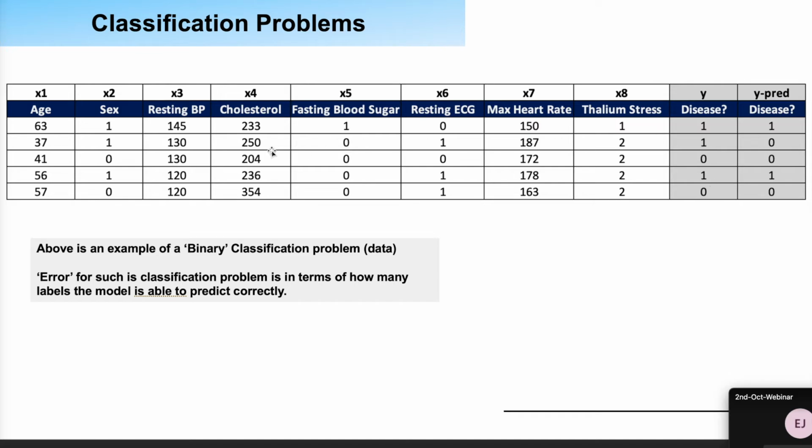Now what the classification algorithm does is it creates a model in which it establishes a relationship between these x1 to x8 features or variables and the y variable, in the sense that after the model is created, if you feed it one of these or a different set of values for x1 to x8, then it will be able to predict whether it is a 1 or 0, because it has studied the pattern.